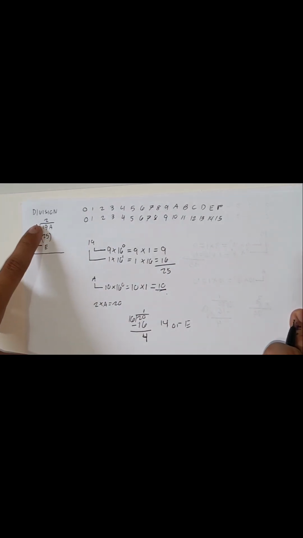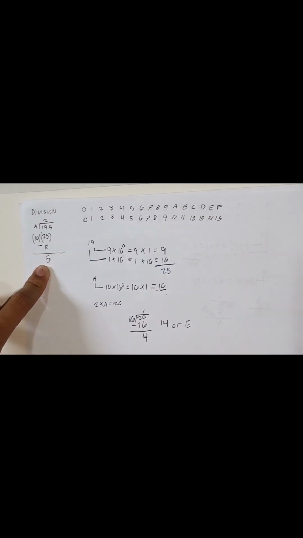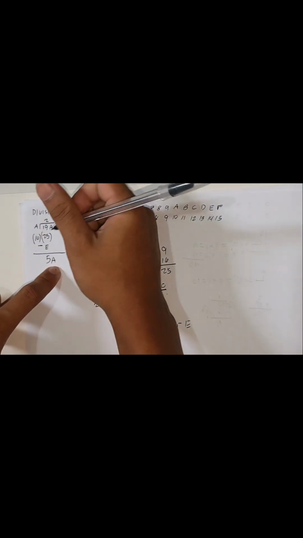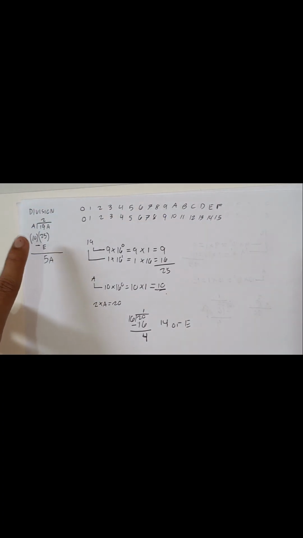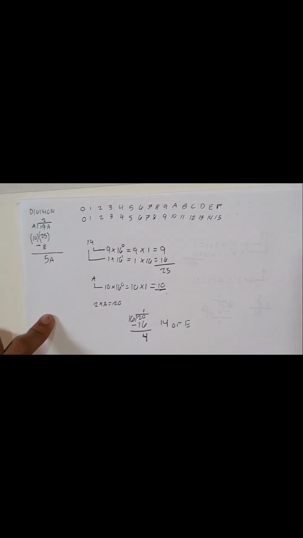So 19 minus E, or 14, is 5, and bring down A. And 5A divided by A is very complicated, so we need to convert it into decimal.